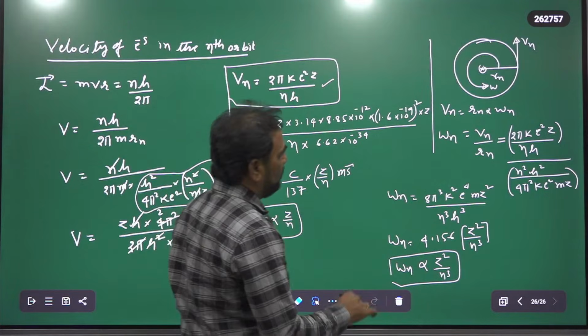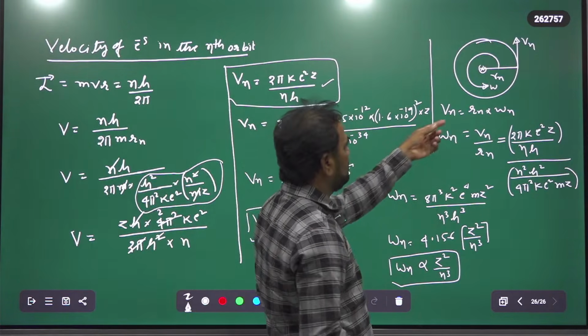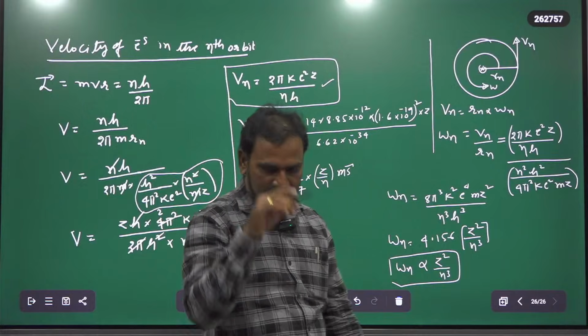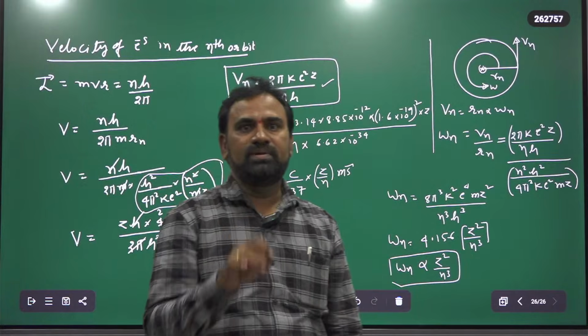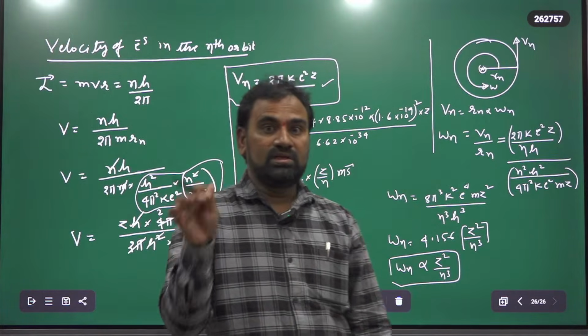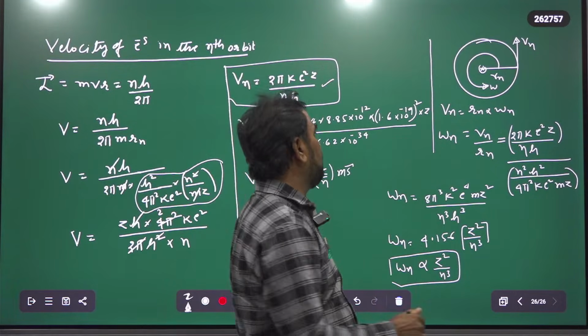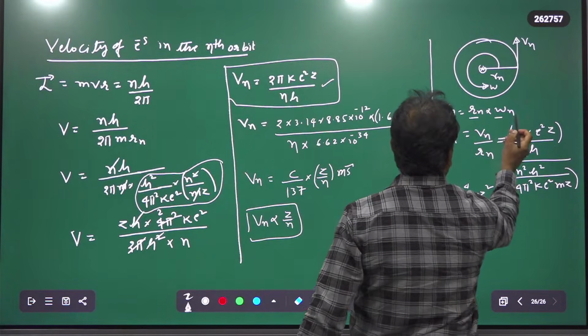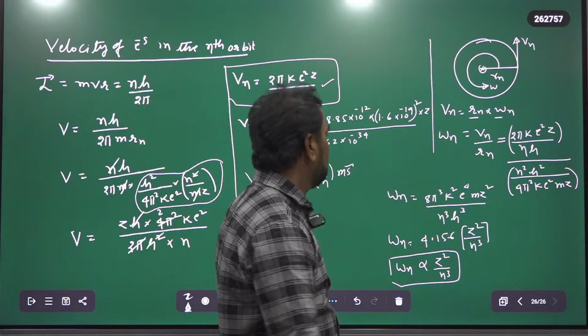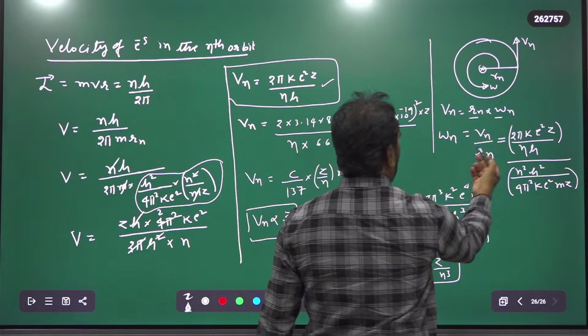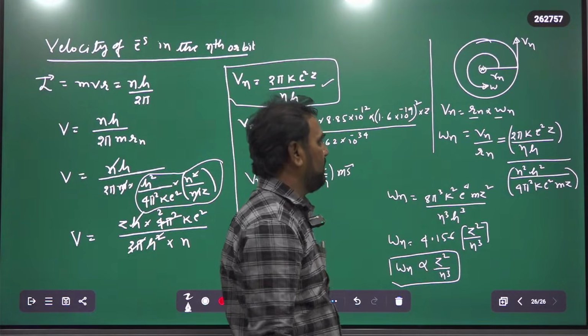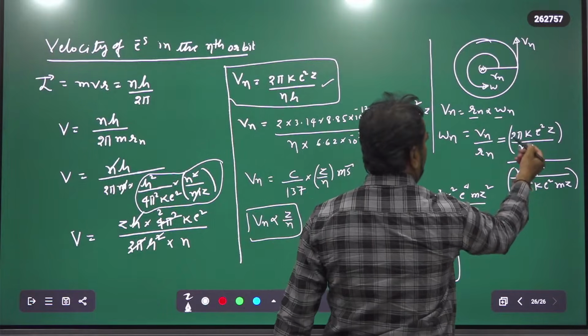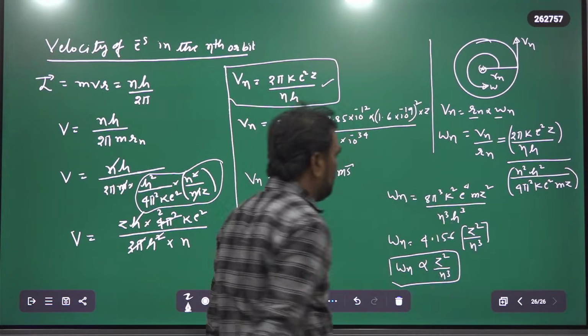Okay. Next, what is omega? V is equal to R omega, which is already known. When an electron is revolving in its orbit in a circular path, its linear velocity is equal to the product of the radius of the orbit and its angular velocity, that is Rn into omega n. So omega n is equal to Vn by Rn. Vn value and Rn value we have calculated.